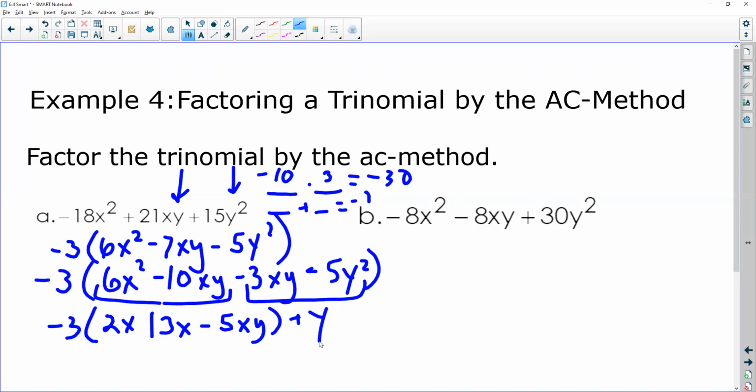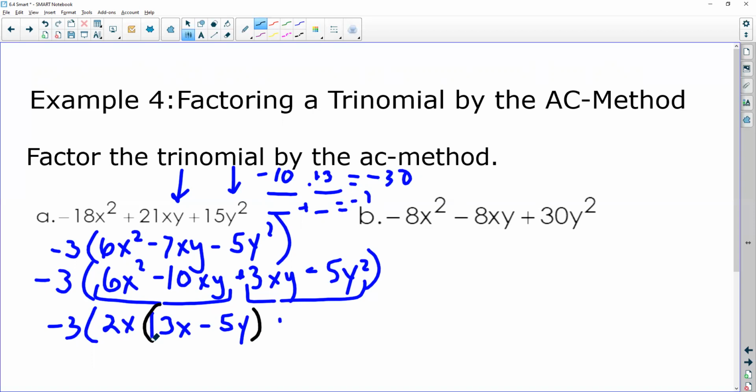Oh, I took out the x. It should be a 5y. That's the problem. All right, hold on. 3x minus 5. Oh, and this was a positive 3 on y. That's a positive 3 up there. Good heavens. All right, so negative, I took 2x out of 3x minus 5y.